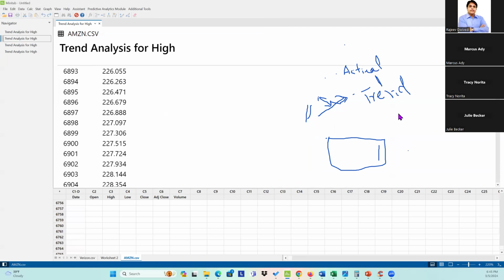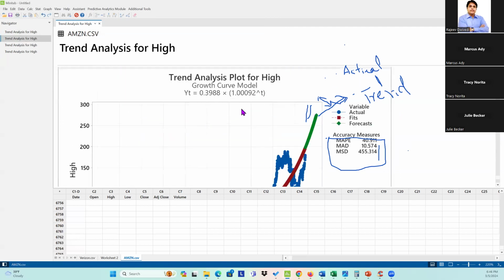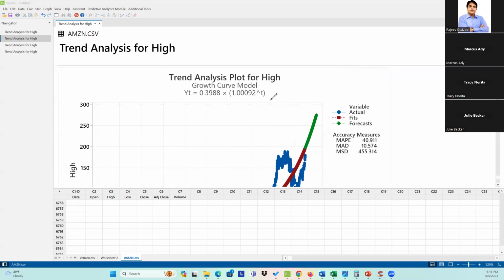Look into this and look into this. If you look into this, this is also going in this direction, and the trend is also going in this direction.